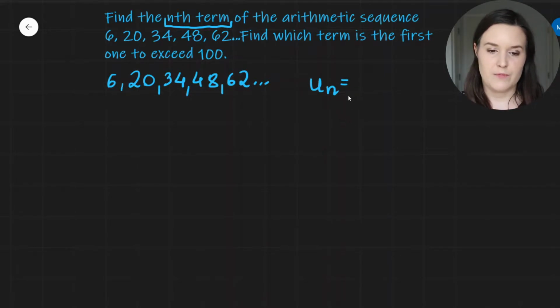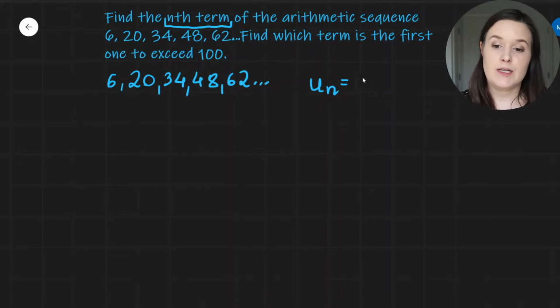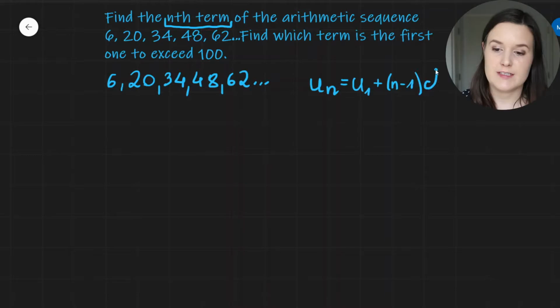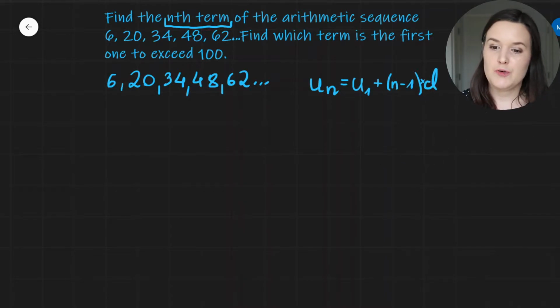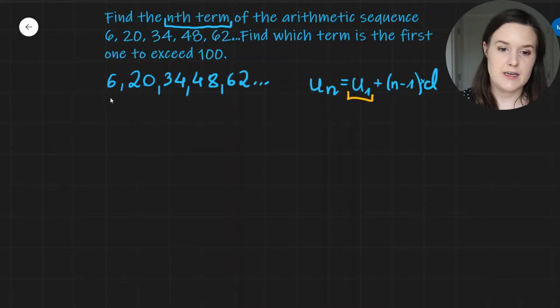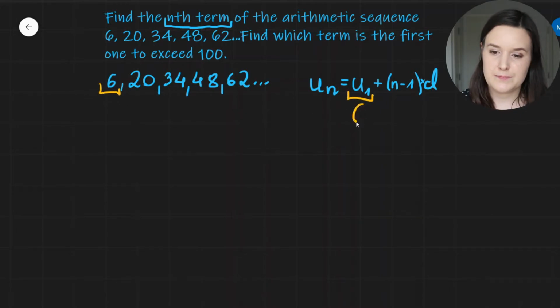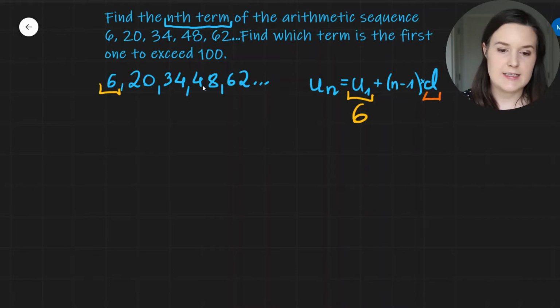I have to find the formula. I know that it will be the first term plus n minus 1 differences. That's what we learned. So let's try. u1, the first term, is 6. The common difference, d, I can see that it is 14.